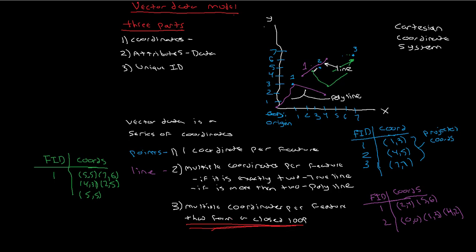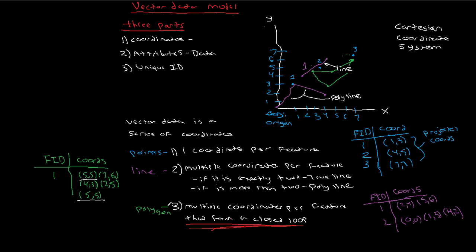And then you'll see that it actually goes back and ends where it started. The key point here is that this here is the same as this here. That's what causes it to form that closed loop. And so if we have a set of coordinates, multiple coordinates for a feature, and they form a closed loop, we call this a polygon.